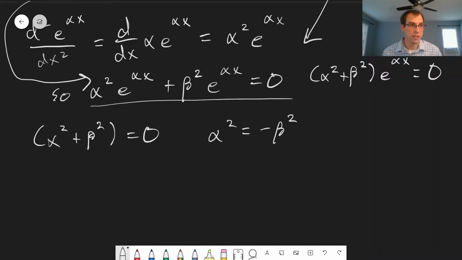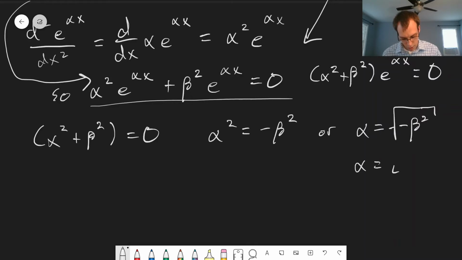So we want to solve for alpha. Alpha is equal to the square root of negative beta squared, or alpha is equal to i times beta, plus or minus, right? Because it's the square root. So we end up with an imaginary number. This is why I went over complex numbers in the math chapter.